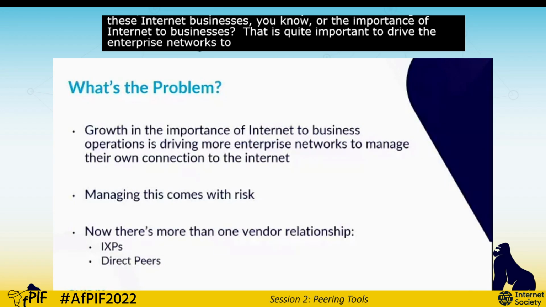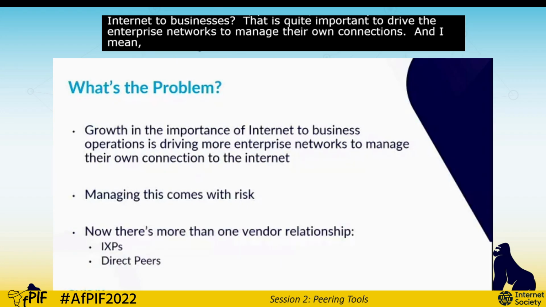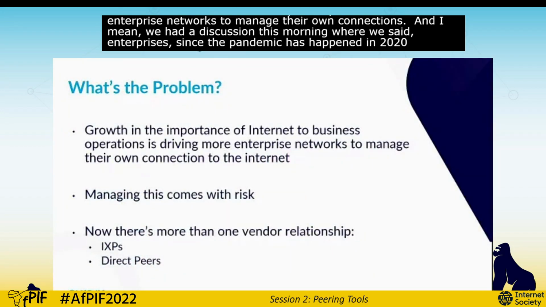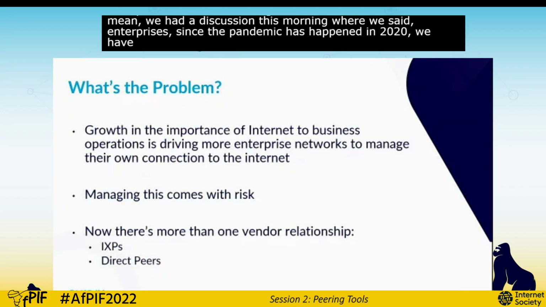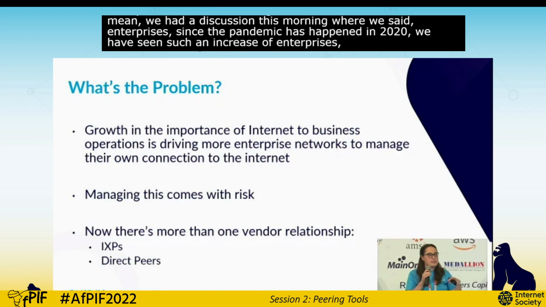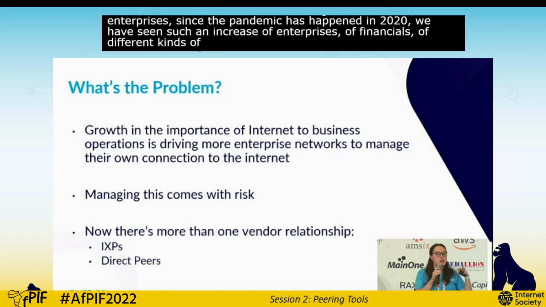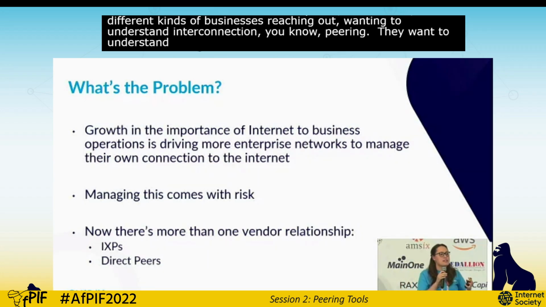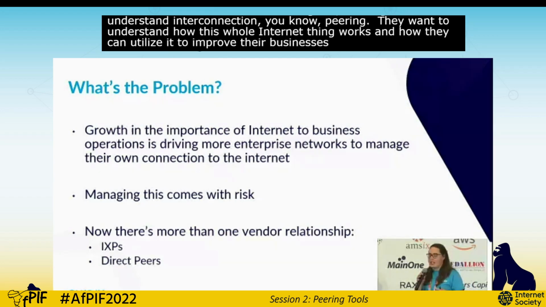And I mean, we had a discussion this morning where we said, since the pandemic happened in 2020, we have seen such an increase of enterprises, of financials, of different kinds of businesses reaching out, wanting to understand interconnection, peering. They want to understand how this whole internet thing works and how they can utilize it to improve their businesses, both internally and externally.